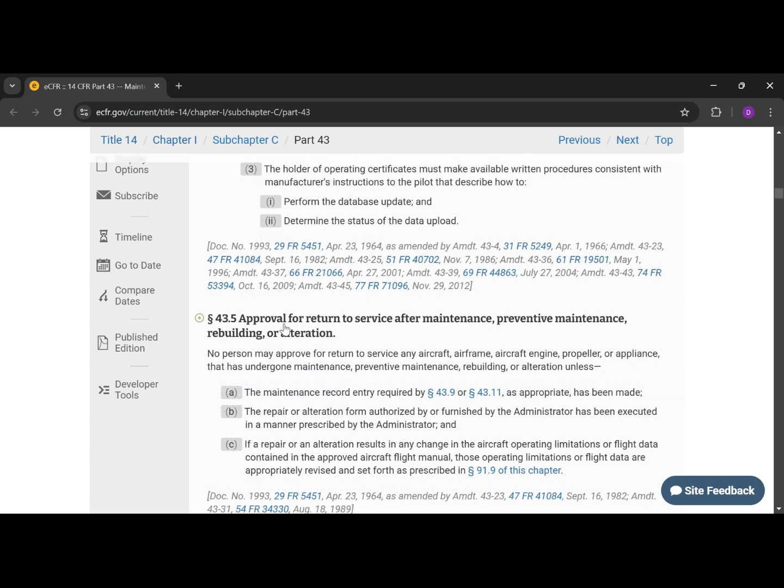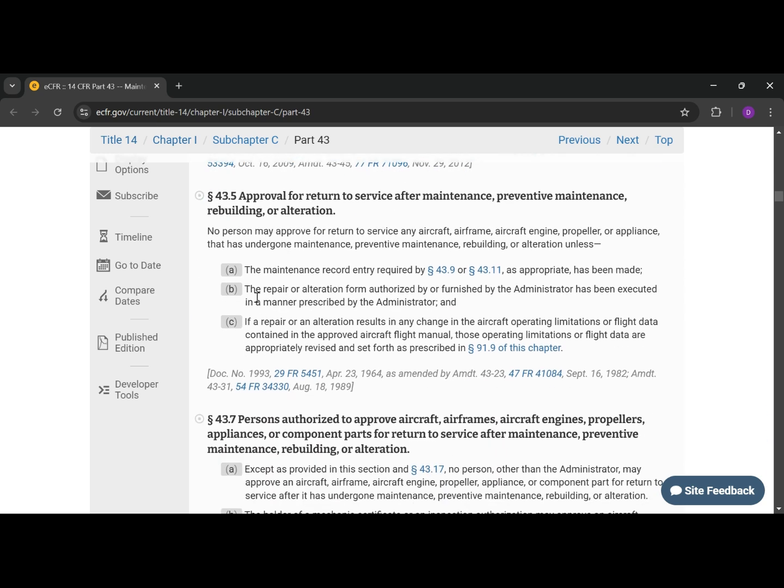43.5, approval for return to service after maintenance, preventative maintenance, rebuilding, or alteration.